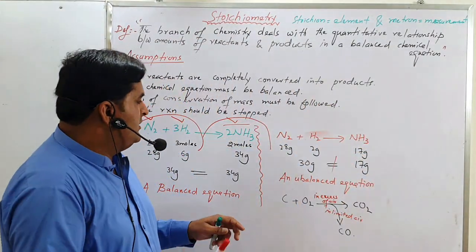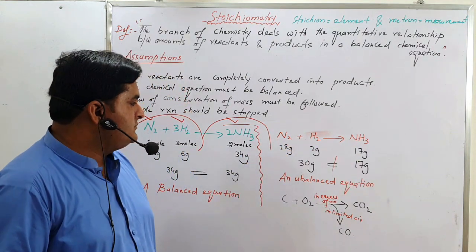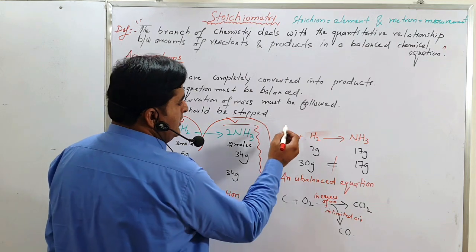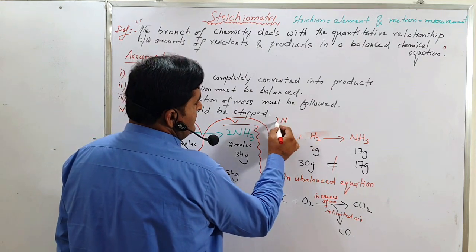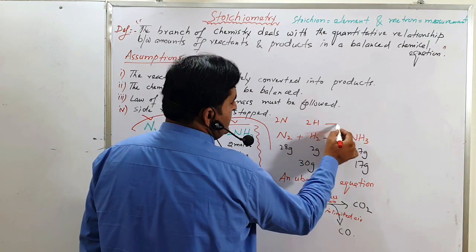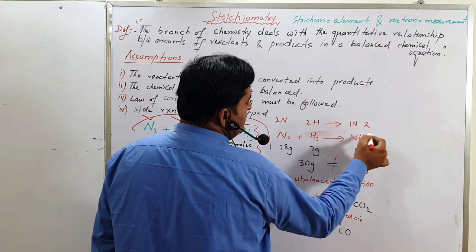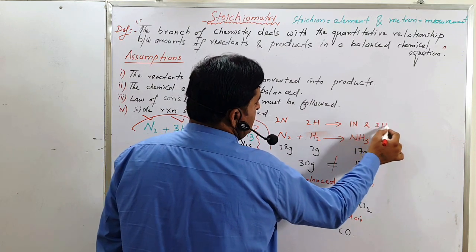Here we discuss nitrogen reacts with hydrogen, produces ammonia. Now, there are two nitrogen atoms and two hydrogen atoms on the reactant side, but on the product side there is one nitrogen and three hydrogen.